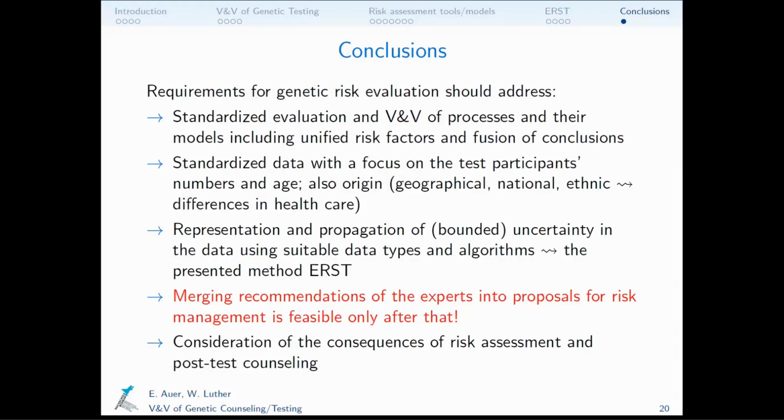Merging recommendations of the expert and a proposal for risk assessment and management is only meaningful after we have taken into consideration all the previously mentioned points. And finally, the consequences of risk assessment and post-test counseling need to be considered.